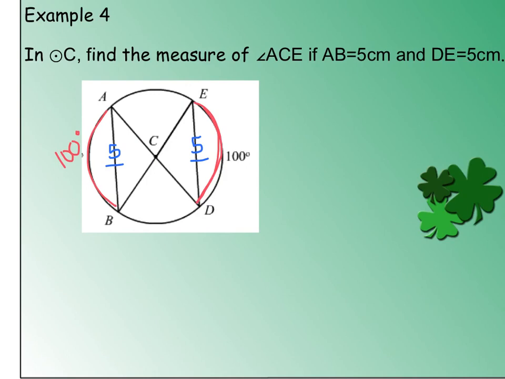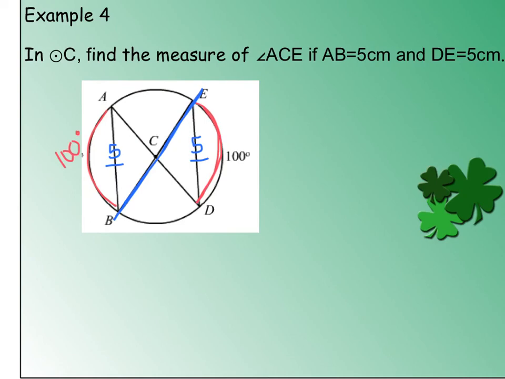I can take a look, and BE is going to be a diameter. I notice that it's passing through the center of the circle, and I know half of a circle is going to be 180 degrees. So I know that arc BAE has to be equal to 180 degrees.